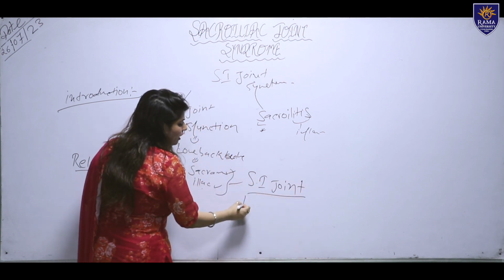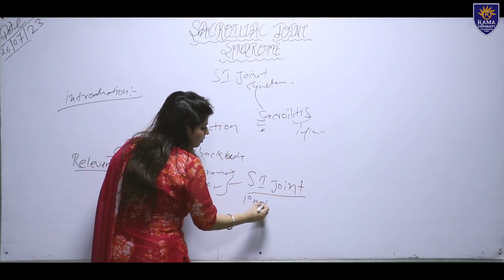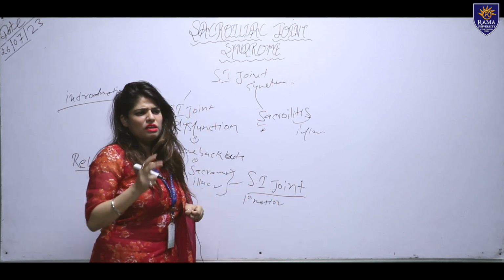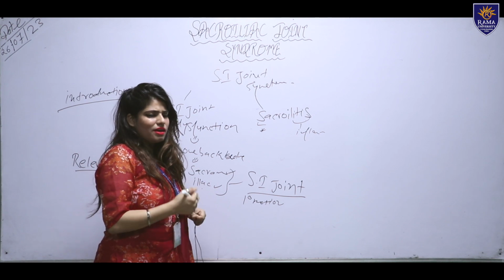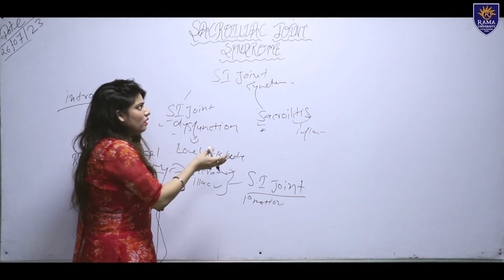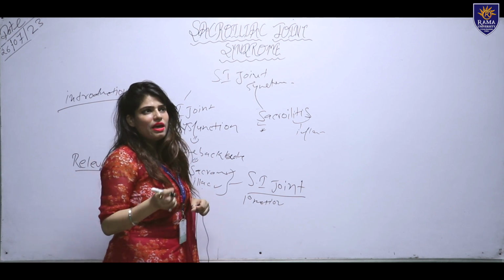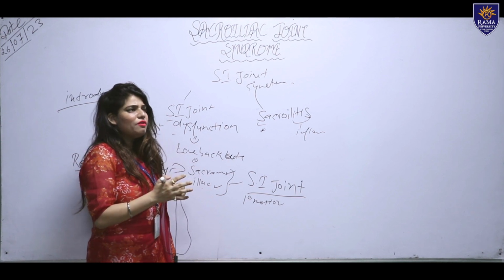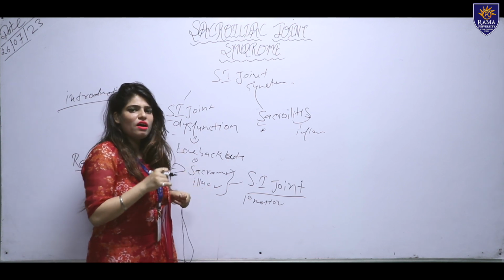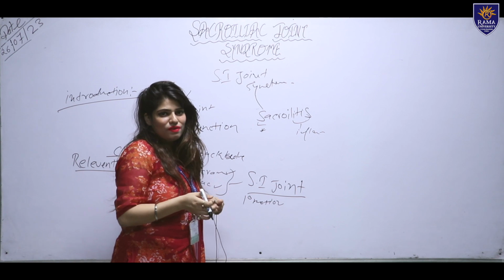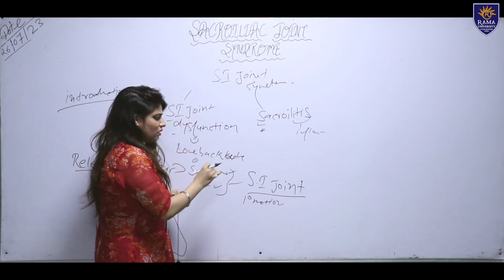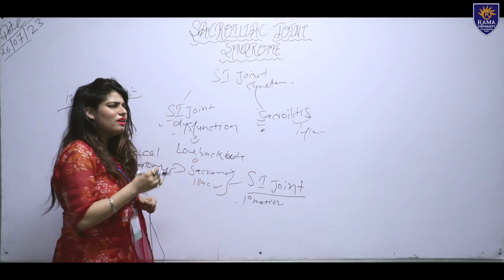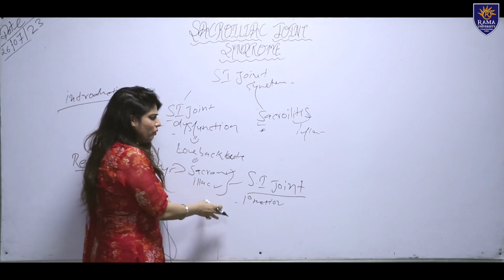This joint has only one degree of motion; it is essentially non-movable. A number of muscles act to move it, such as the piriformis and the gluteus muscles. Otherwise, when we are moving, a number of forces are required for the SI joint to move.